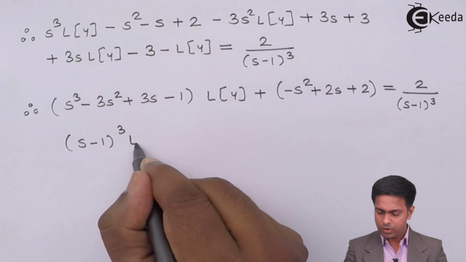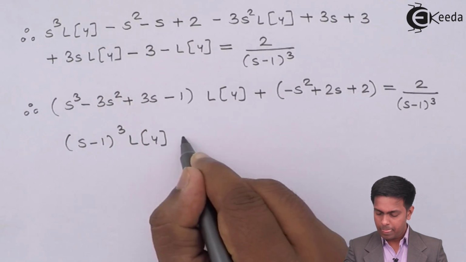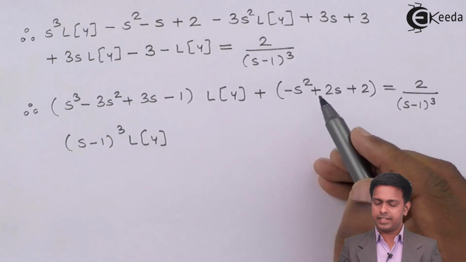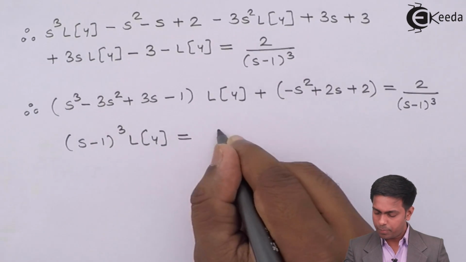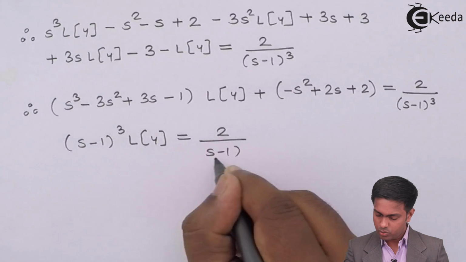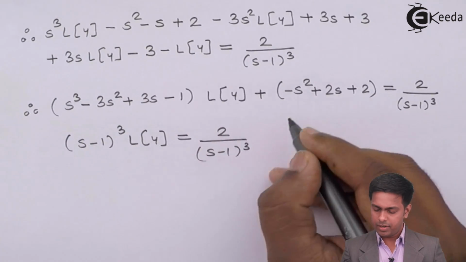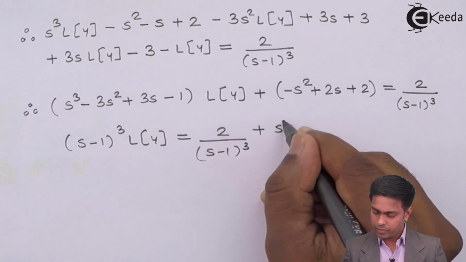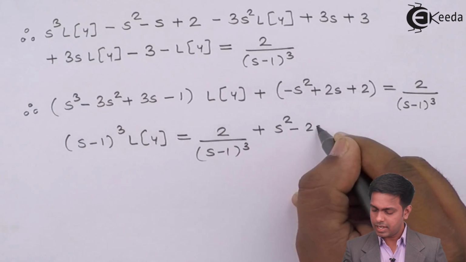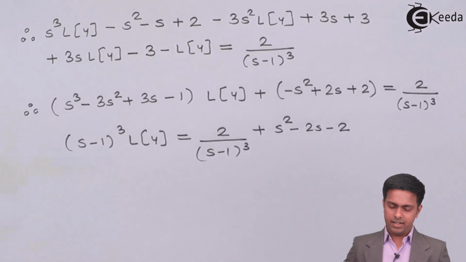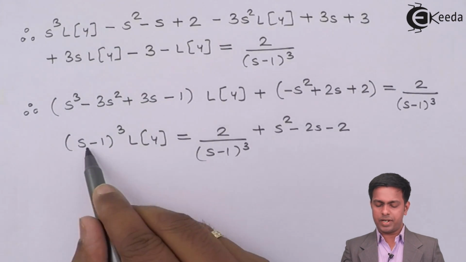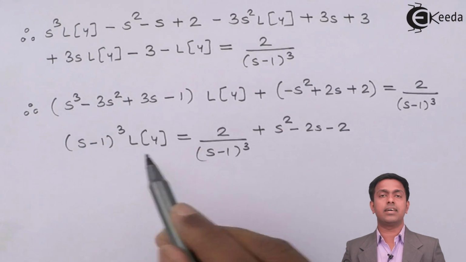So into Laplace of y. Now here I'll take these terms on the right hand side. So we will get 2 upon (s minus 1) the whole cube. This will be plus s square. This will become negative 2s, and this will become negative 2. And then we will take this term, that is (s minus 1) whole cube, on the right hand side.